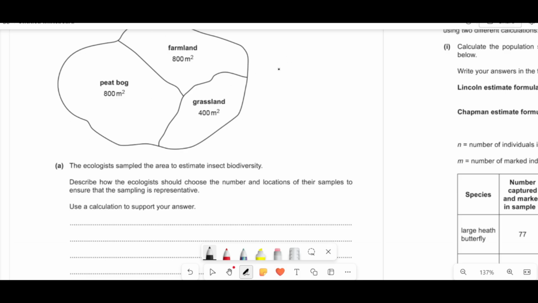So the entire area is going to be 800 plus 800 plus 400 meters squared, which is 2,000 meters squared, right? 800 over 2,000 is 40%, and then 40% for the farmland, and then 20% here. So the samples that we would take are going to be proportional to each one of these. For example, if I decide I'm going to take 40 samples here, I do 40 here and then 20 here, or I would do 5 here, and then 10 here, and then 10 here, that kind of thing.